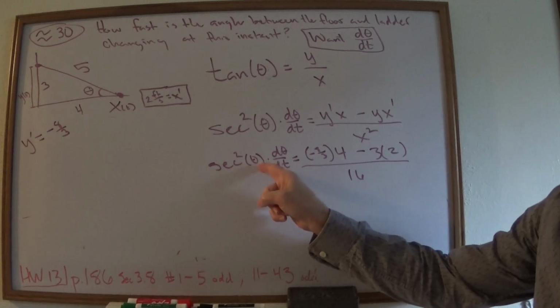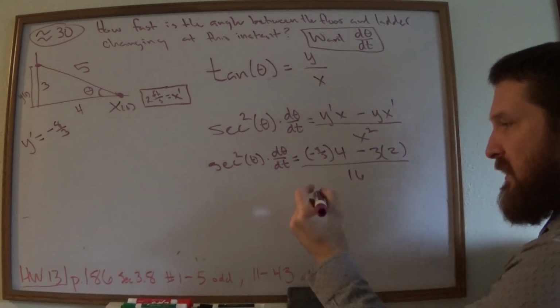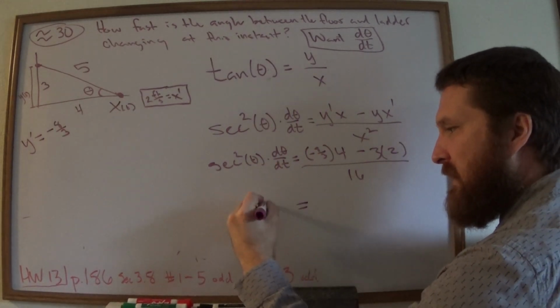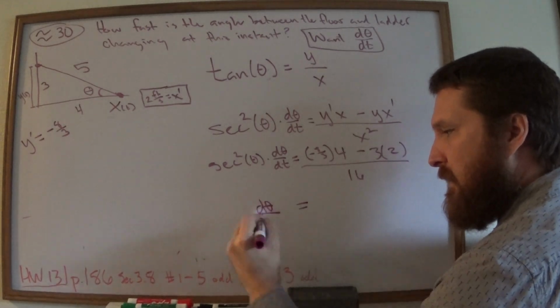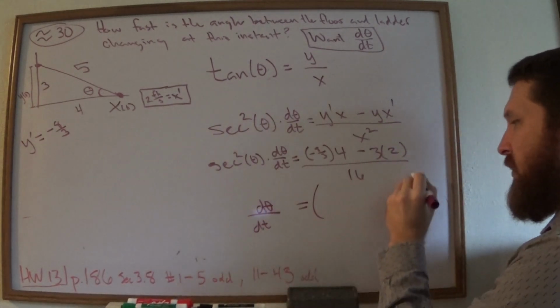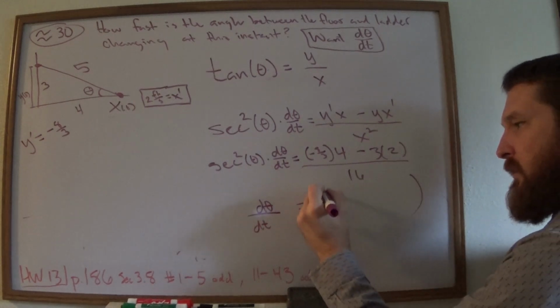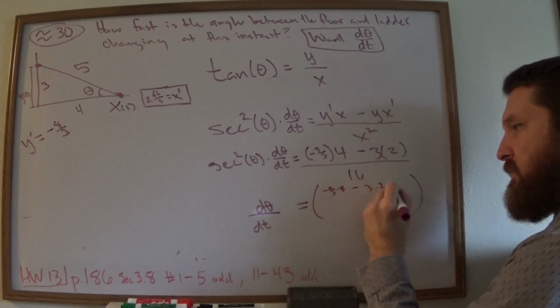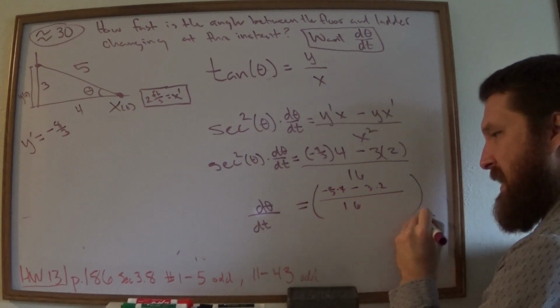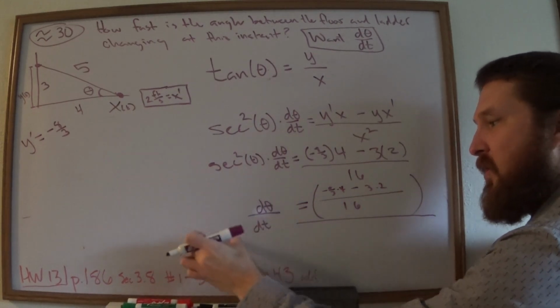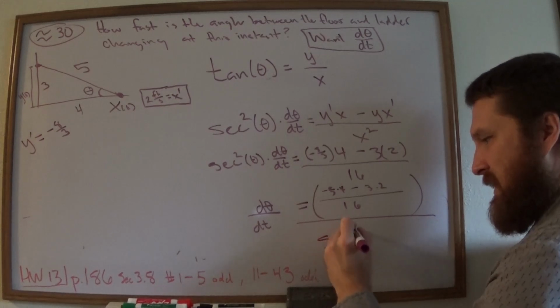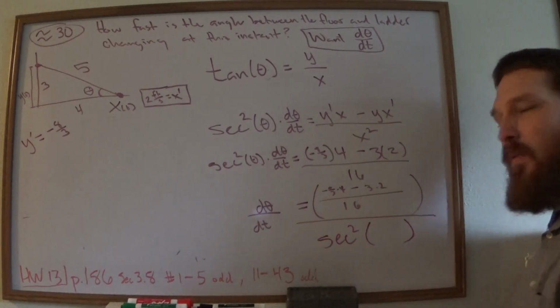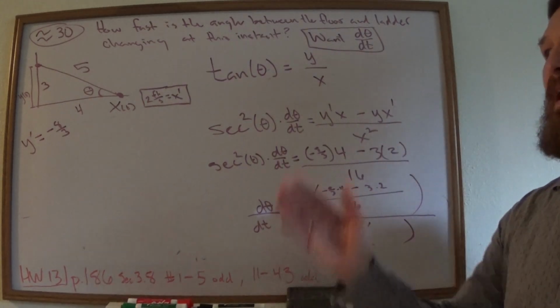We need theta. Because whatever this is, I want d theta dt. All of this stuff is going to be in the numerator: negative 8/3 times 4 minus 3 times 2, all over 16. And then in the denominator, we're going to get our secant squared theta. But what's theta at this time?